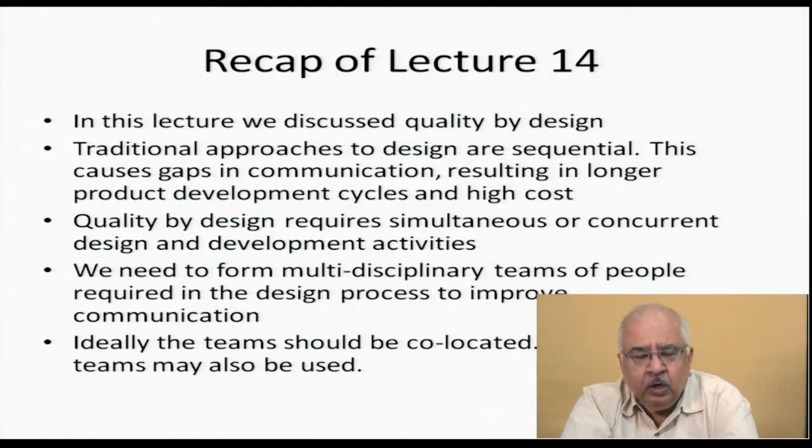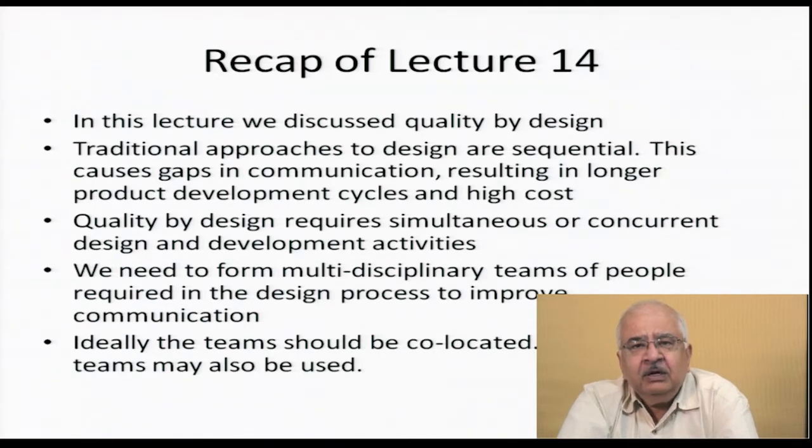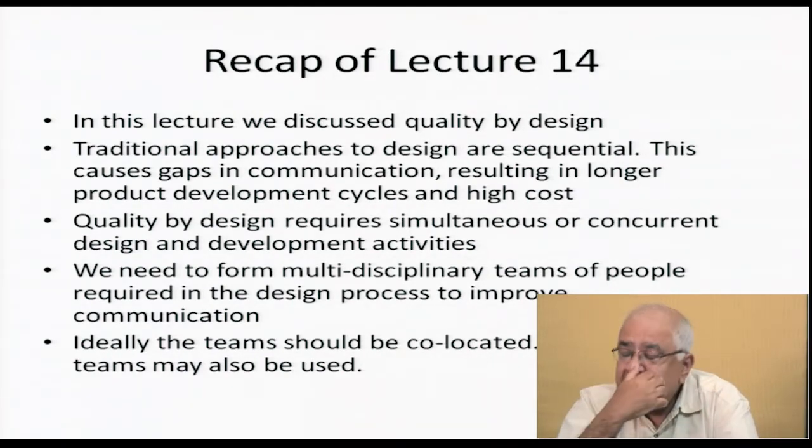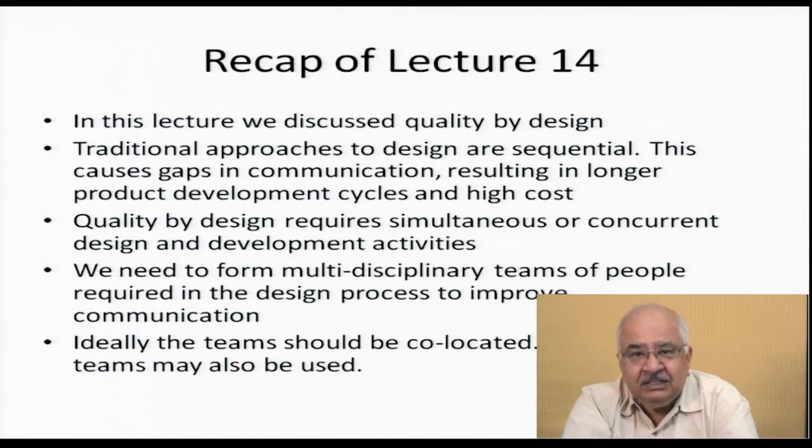What quality by design was supposed to do is take away this sequential nature of the design process and replace it by a simultaneous or concurrent process, whereby all the people involved in the design and development process were going to talk together with each other, and with their discussion they would come up with a design that met the requirements of all of these people at the same time.